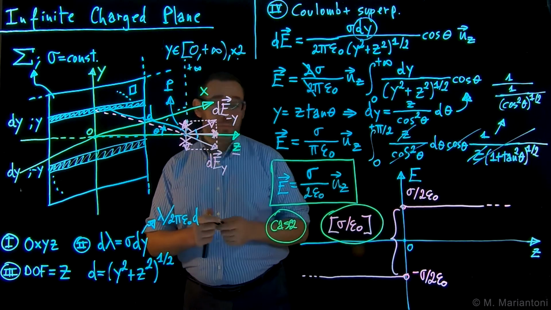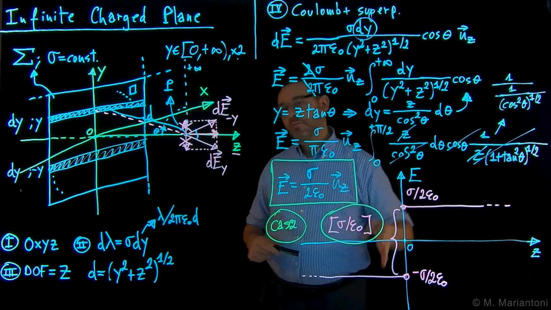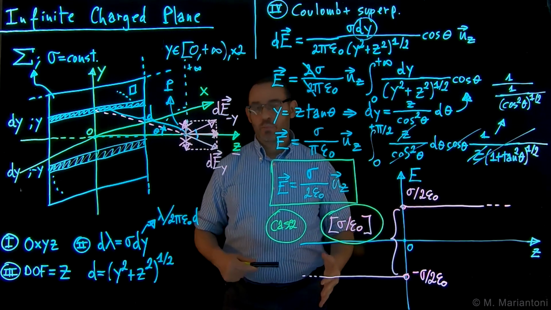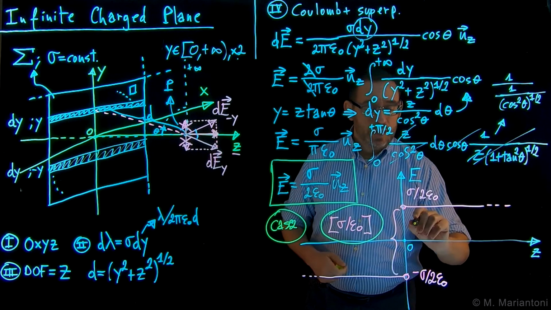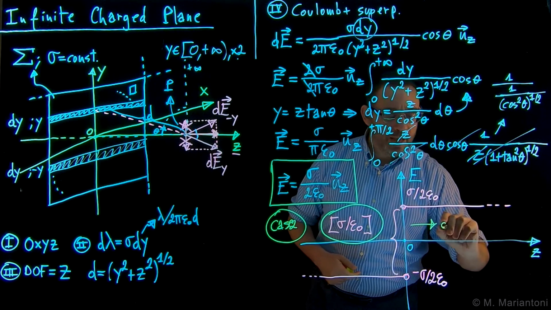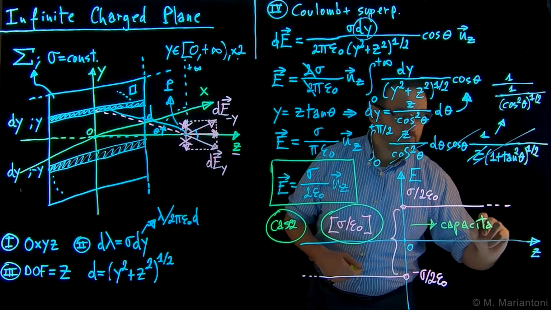Additionally, as a last remark, note that finding the electrostatic field of an infinite plane of charge is the first step towards being able to find the capacitance of a parallel plate capacitor.